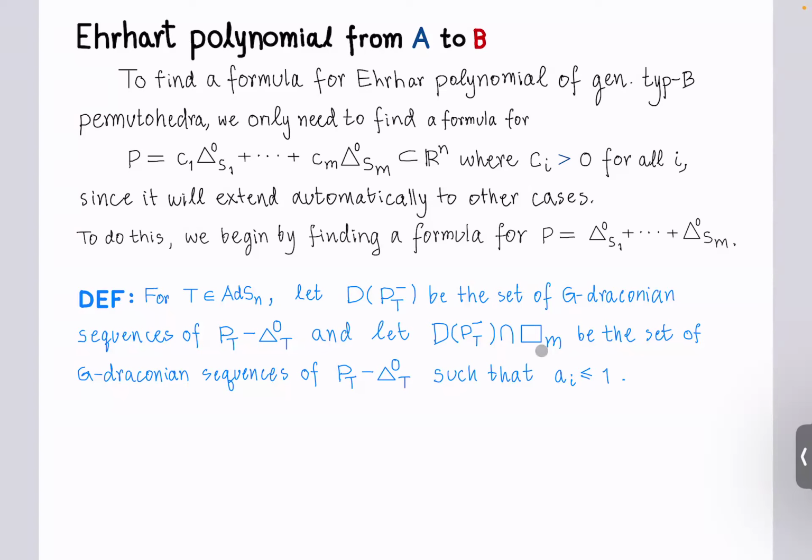So that's why I intersected with Q, because it's less than or equal to 1.